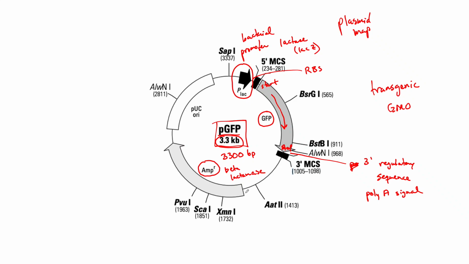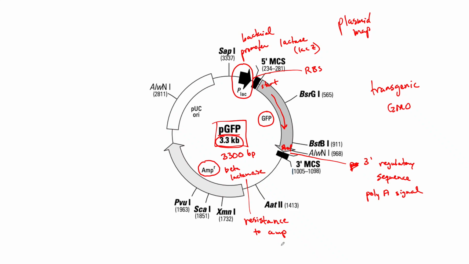It will give to the bacteria that contain this plasmid resistance to the antibiotic ampicillin, or AMP for short. Ampicillin is a cousin of penicillin, and normally penicillin and ampicillin will prevent bacterial growth. But if the bacteria has this plasmid inside of it, it will be resistant to that antibiotic, and the bacteria will be able to grow. And so this plasmid has that.